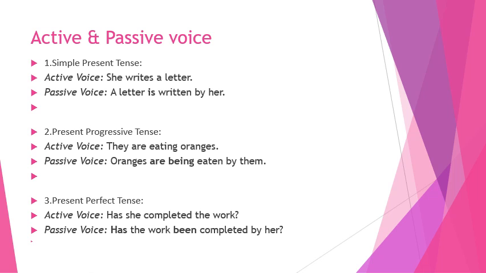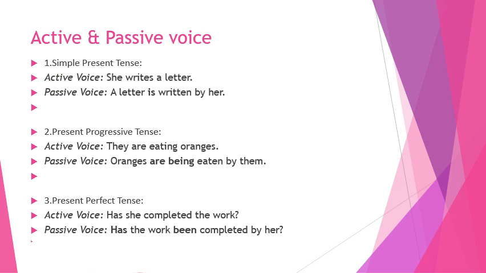Now we have to see active and passive according to the tenses. All the tenses have a different format of change from active to passive. Number one, simple present tense. Active voice: She writes a letter.